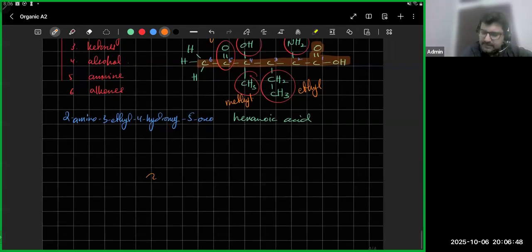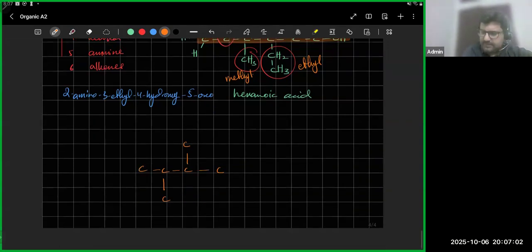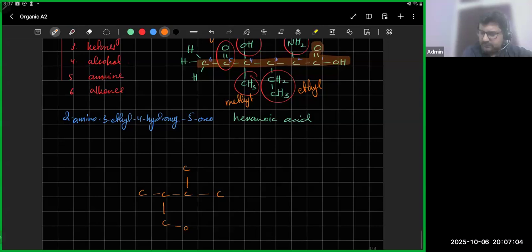So if I have a molecule which is, let's say, it's got two carbon chains, and it has an OH here, and let's say it's got an aldehyde, and it's got an amine.